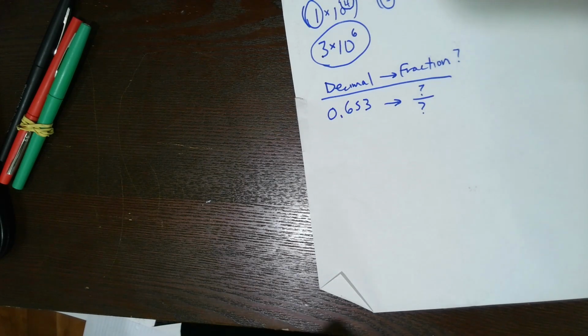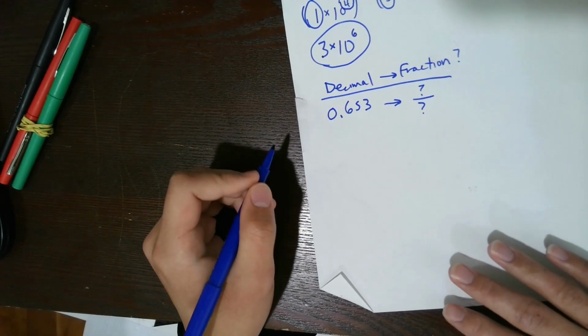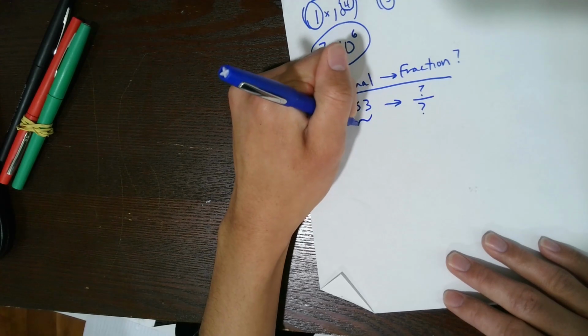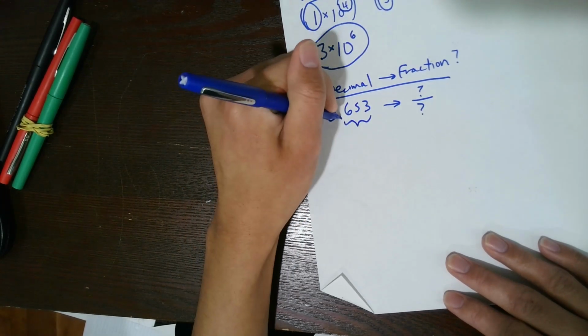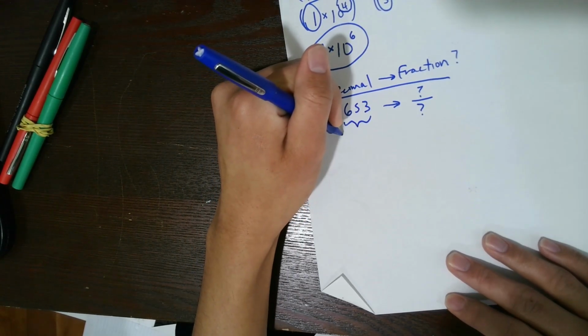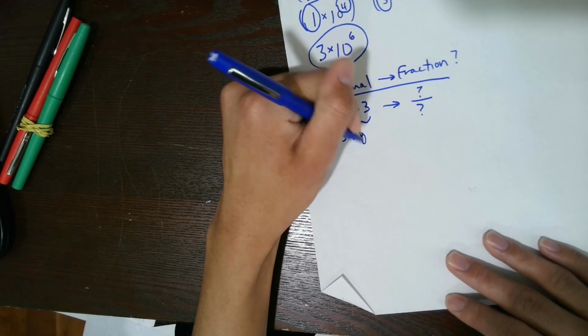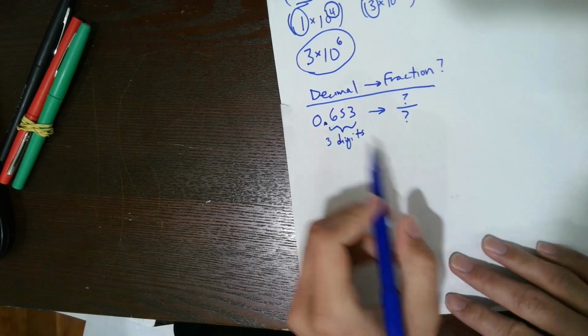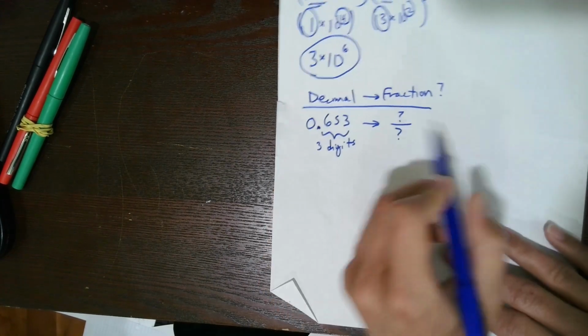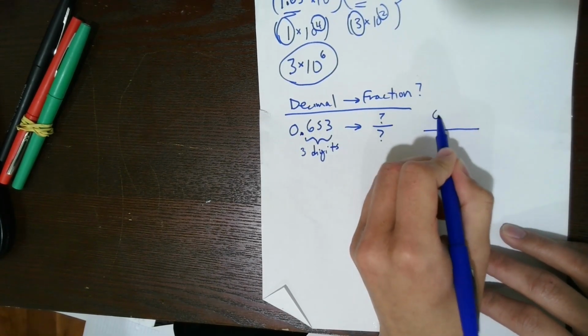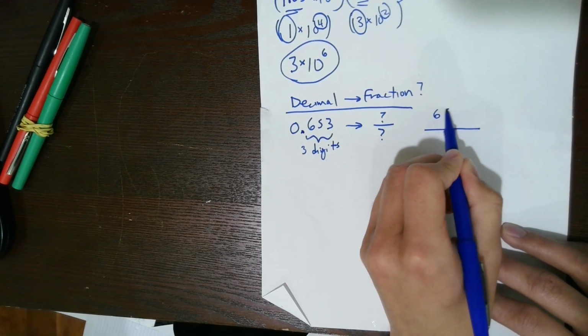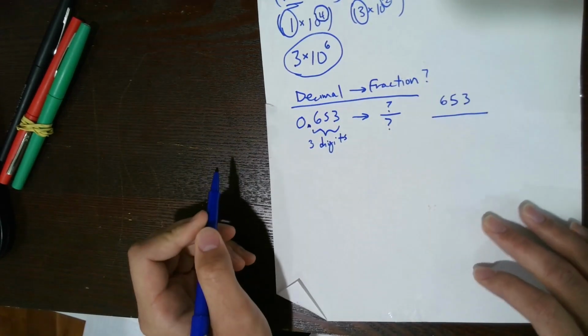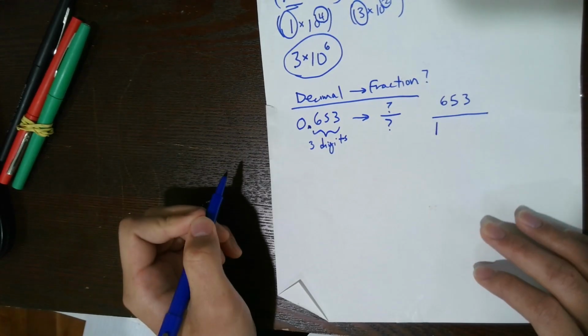Alright, here's the rule. So the first thing you do is you look at the number of digits after the decimal, to the right of the decimal. So here we see we have 3 digits after the decimal. And here's what you do. You take those digits, you put it on top of the fraction, put in the numerator, and then you put a 1 in the denominator.